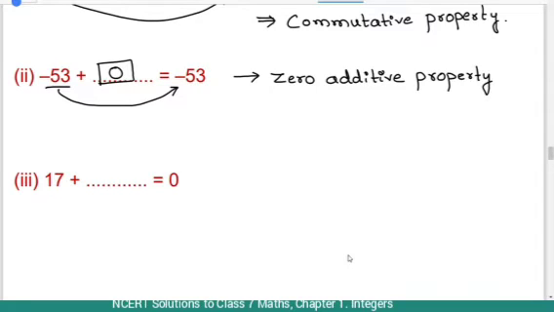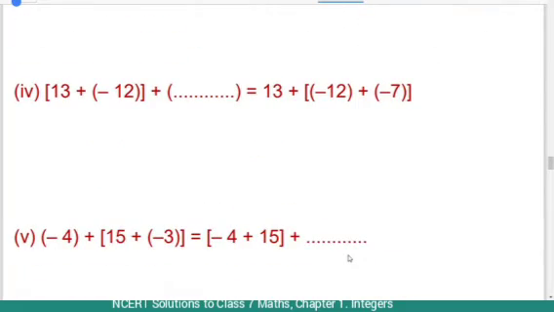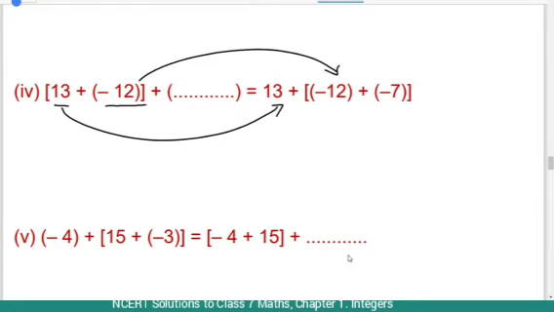In the third case, 17 plus blank is equal to 0. Here comes -17. So -17 is the additive identity. Fourth one, so on the left hand side 13 is there, on the right hand side also 13 is there, -12, -12.